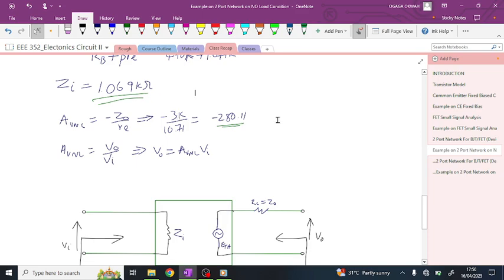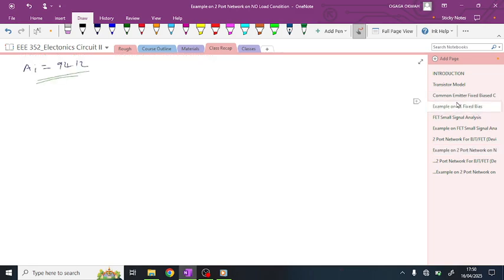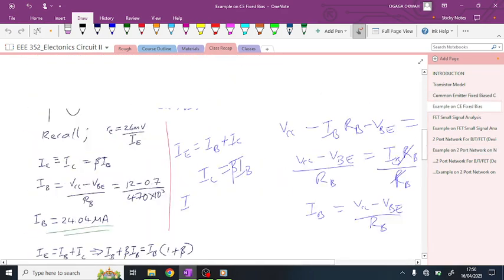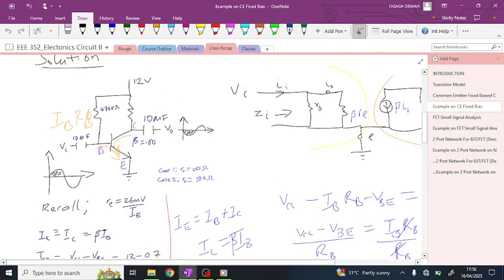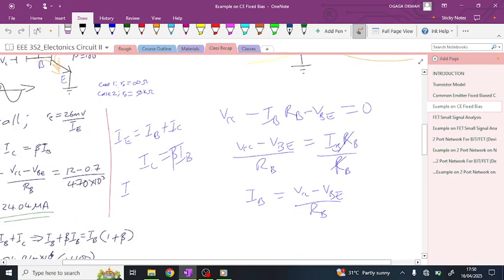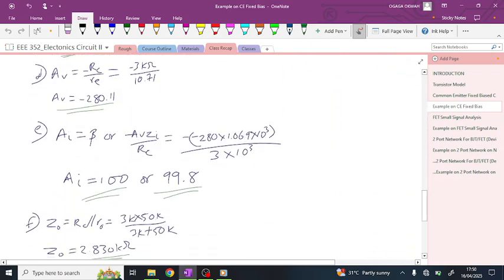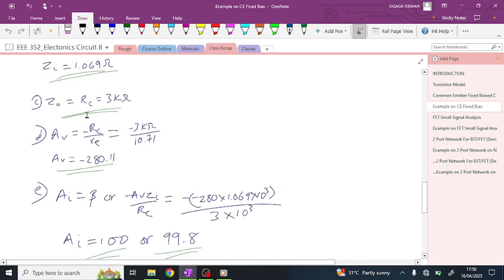Output impedance is the same as this example here. Output impedance is the same as ROC.